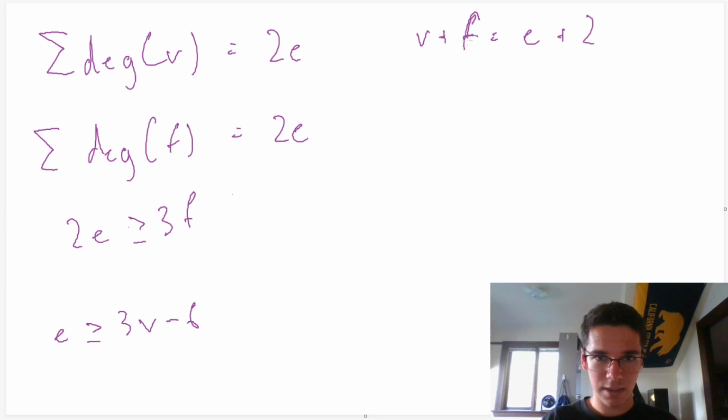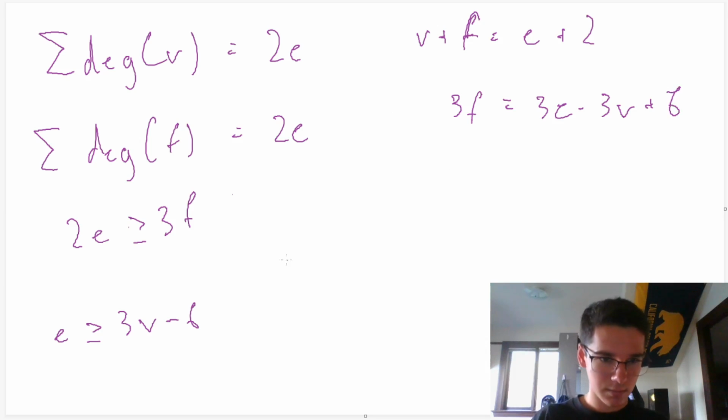We're going to get it into that form by noticing that we're just going to multiply this by 3. That's going to be equal to 3E minus 3V plus 6. And then we see that 3F is less than or equal to 2E.